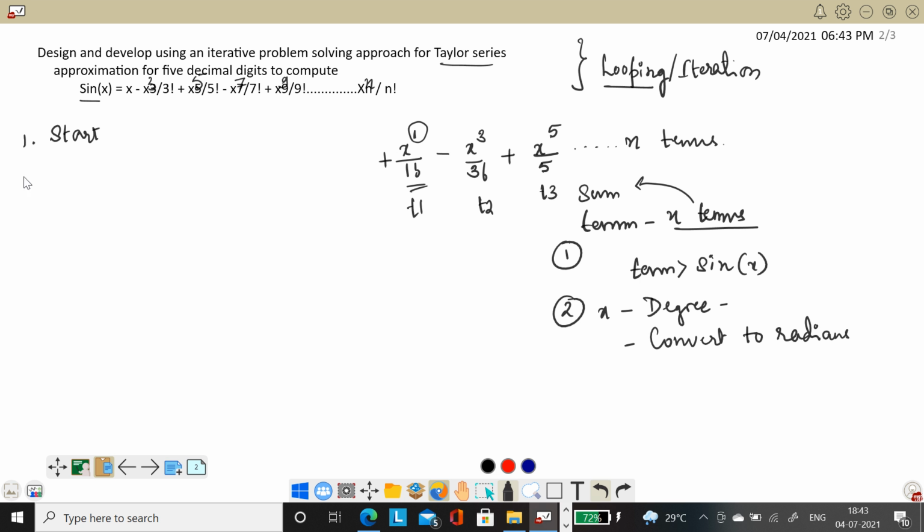Start. Read the value of x from the user. Third, read the value of n, that is the number of terms.